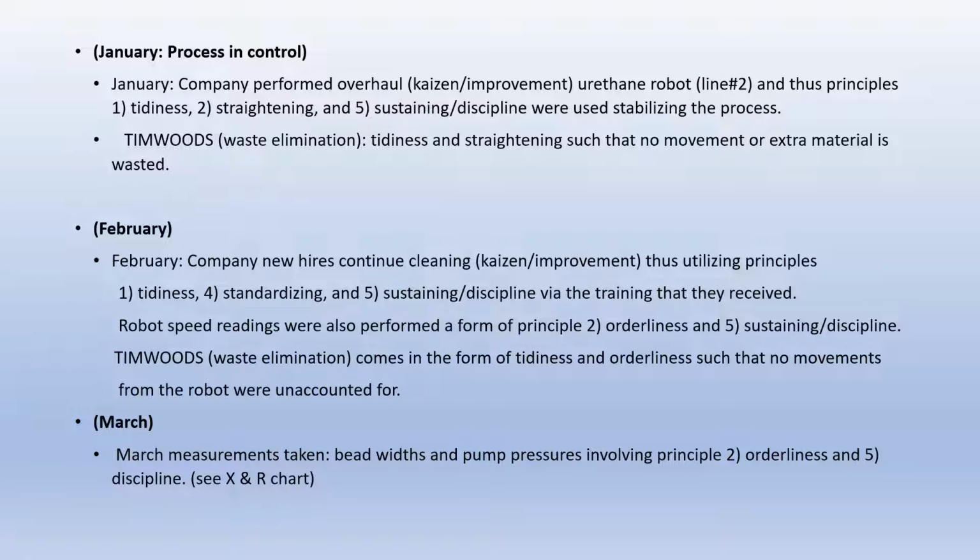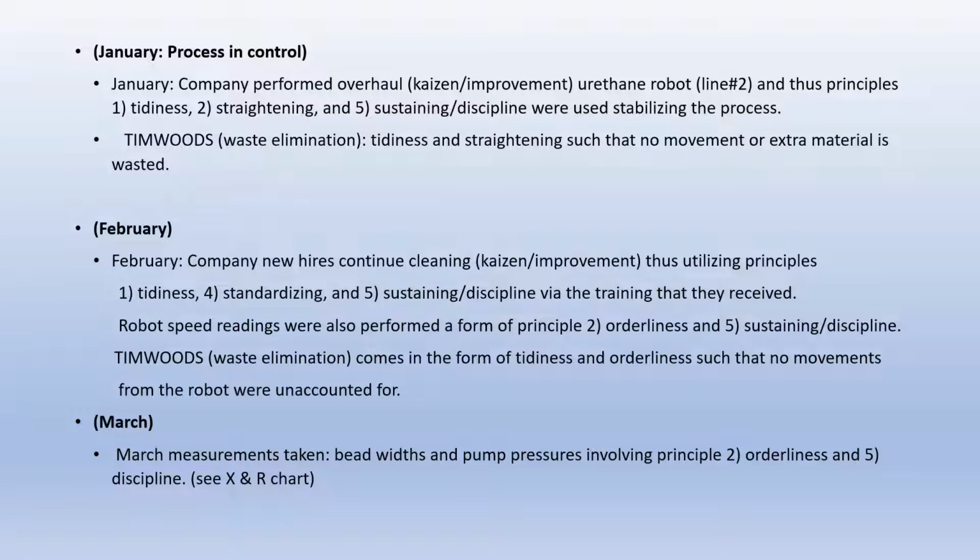In February, the company added new hires, right? A form of Kaizen improvement having to do with cleaning that utilizes the principles of tidiness, standardizing, and sustaining discipline via the training that they received. Robot speed readings were also performed, a form of principle 2, that is orderliness, and sustaining discipline.